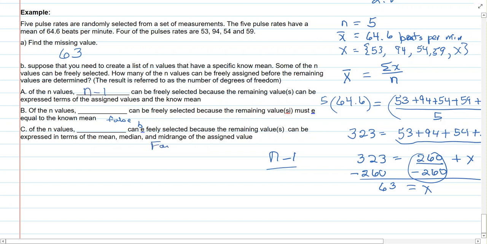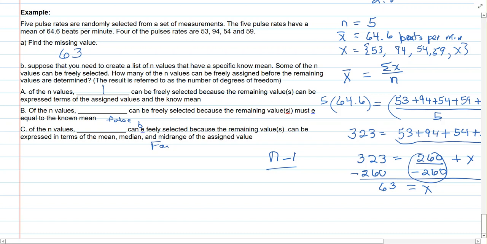So this one is it. N minus 1 can be freely selected because it's one element. And I'm sorry, we're going to say 1. Just the 1. Of the n values, 1 can be freely selected because the remaining values can be expressed in terms of assigned values and the known mean.